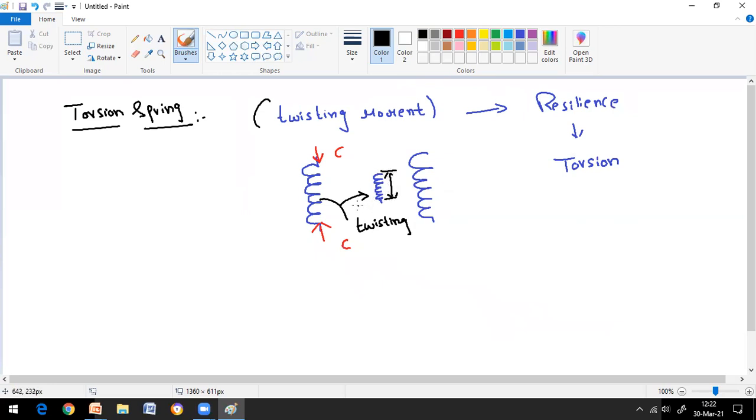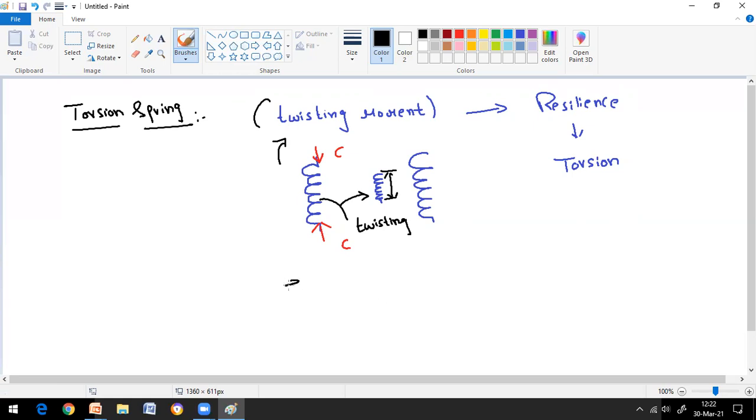Because if you take the spring, it will reduce in its length with respect to rotation. It will rotate and it will reduce in its length. Rotation means twisting. So twisting means it is due to torsion of the member. So by that, springs are considered as torsional springs where they are subjected to twisting. That is the reason why we consider it as a torsional spring.